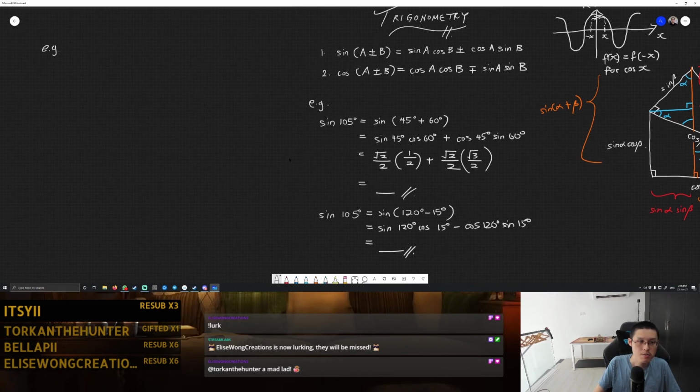So let's say we have cos, what shall we do? 30 degrees minus 15 degrees. So that's going to give you cos, and then we have to flip the sign, and then sine.